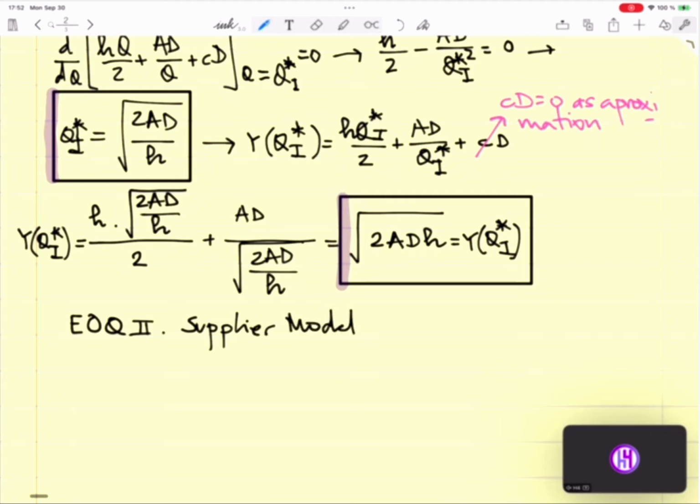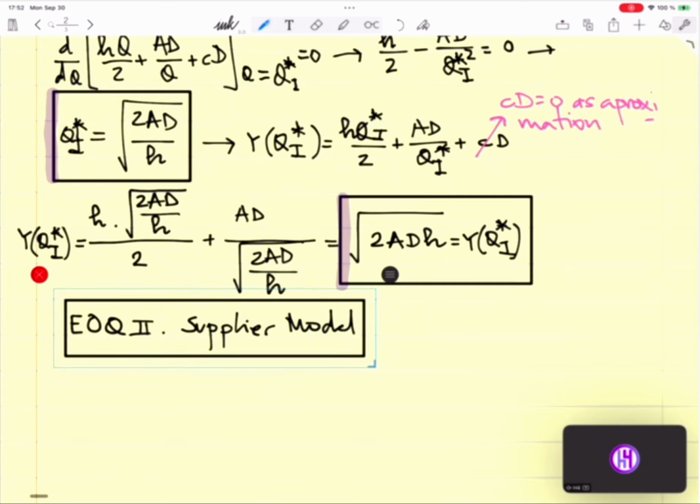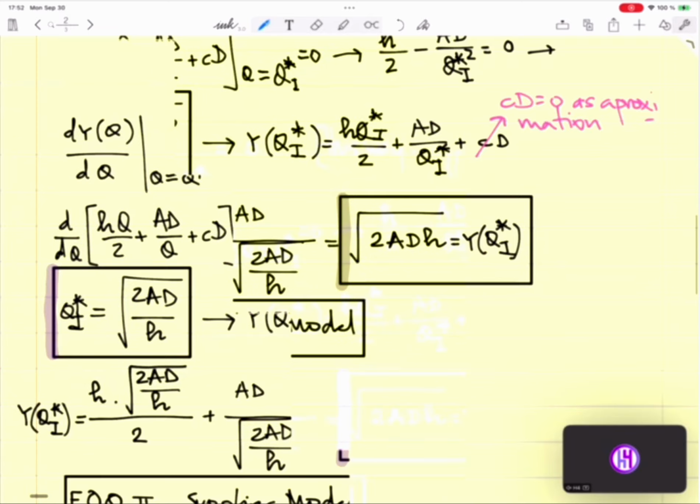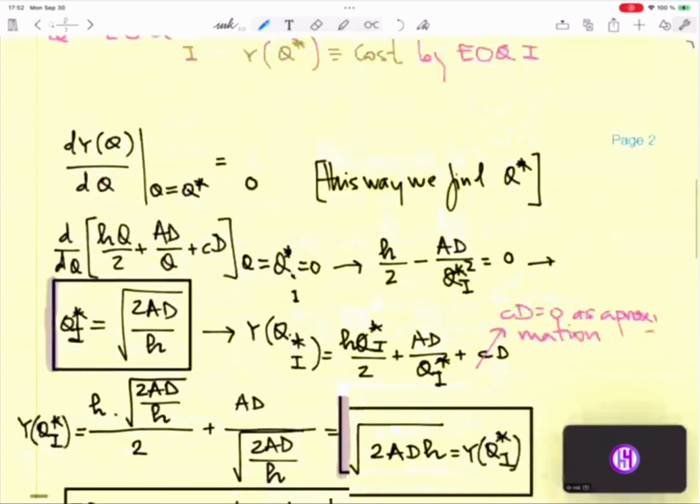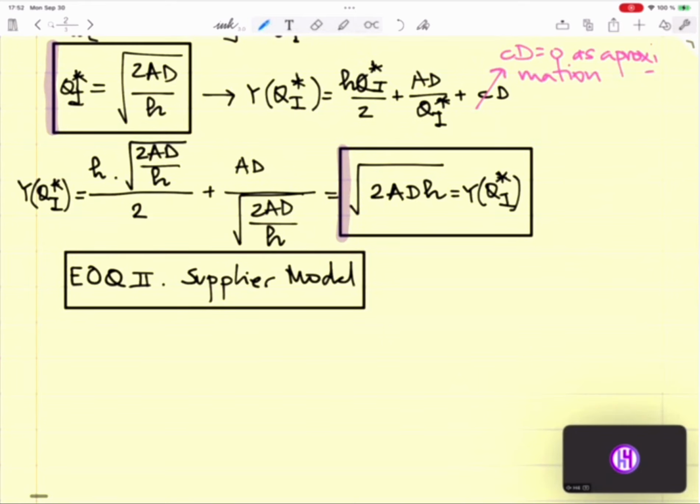Remember, we are in a supplier management lecture, so this is why I am advancing a little bit more than just the basic. This is the basic model, economic order quantity, the one you will find in almost any book. What I'm going to give you is a little bit more. So the hypotheses are expanded here.